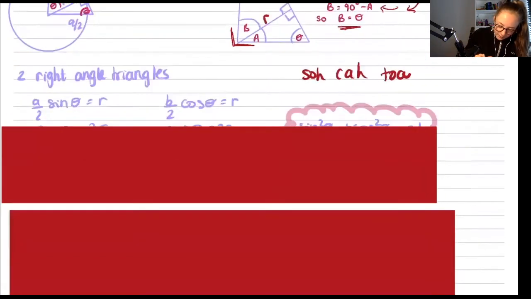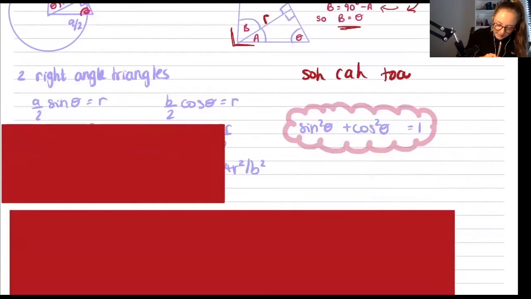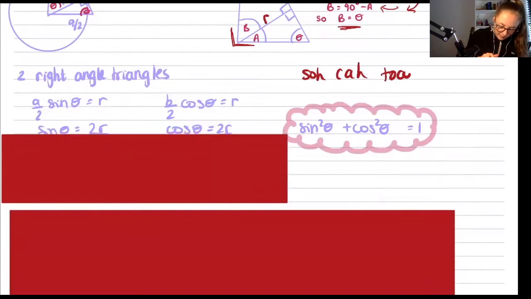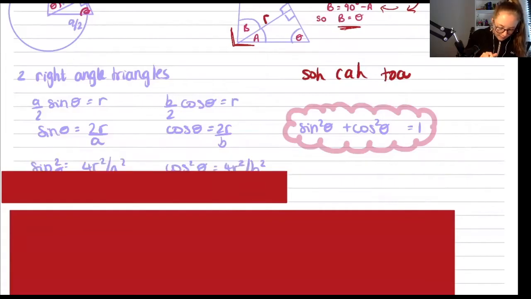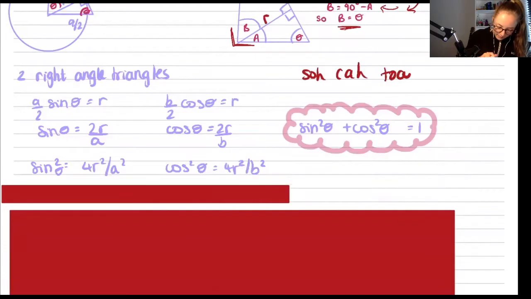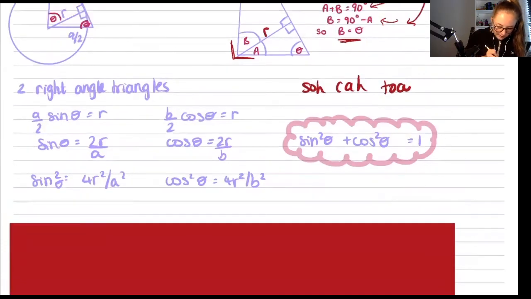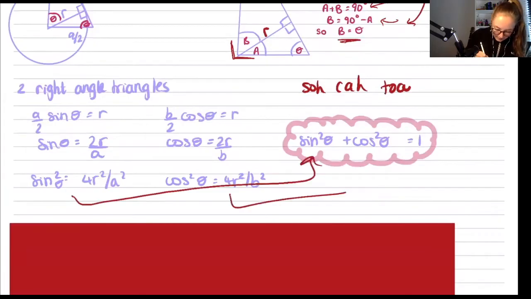And now an important equation that we need to keep in mind is sine squared plus cos squared equals 1. And then if we rearrange these for sine theta and cos theta, and then square them both, we have the appropriate constituents for this equation here.